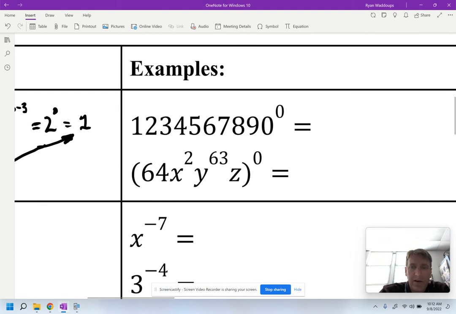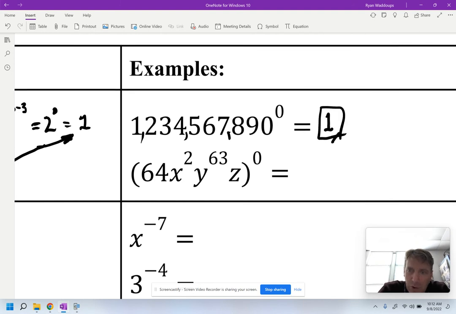All right, so here I've got this big number, 1,234,567,890, raised to the 0 power, which is 1.